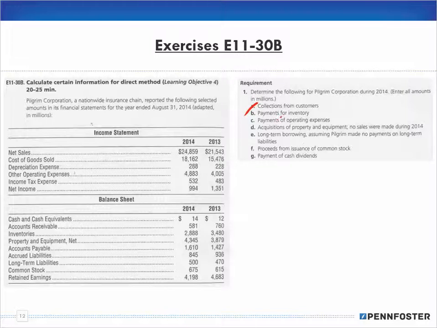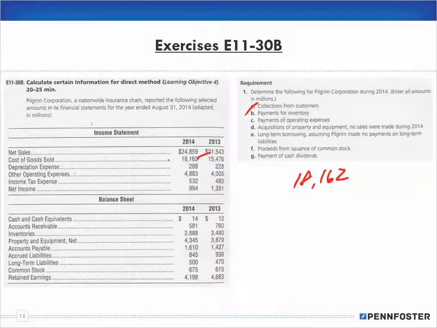B, payments for inventory. So when we think about inventory, we start out with our cost of goods sold of 18,162,000. As I was writing that number, what ran through my mind was, remember, you have to understand the totality of the concept, and this is something that has been building over the entire course of this textbook through the last 10 chapters.